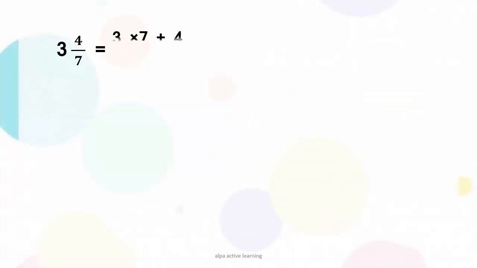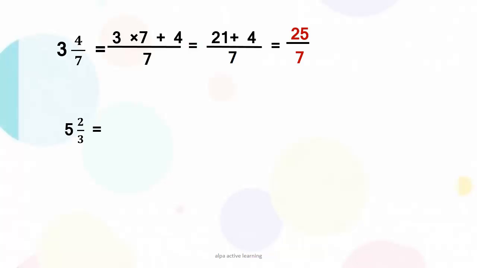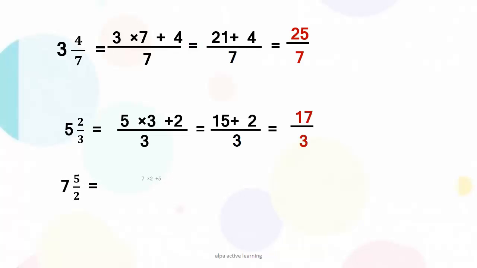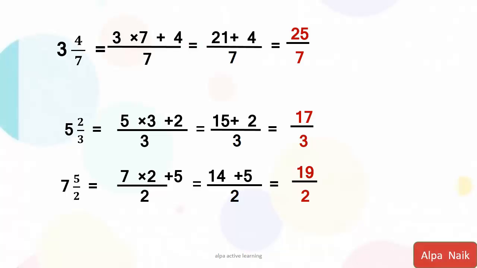For your practice, 3 sevens are 21 plus 4, that is, yes, 25 upon 7. Be ready with the second answer. 5 threes are 15 plus 2, and that is 17 upon 3. Now next is 2 sevens are 14 plus 5, and hence answer is 19 upon 7.